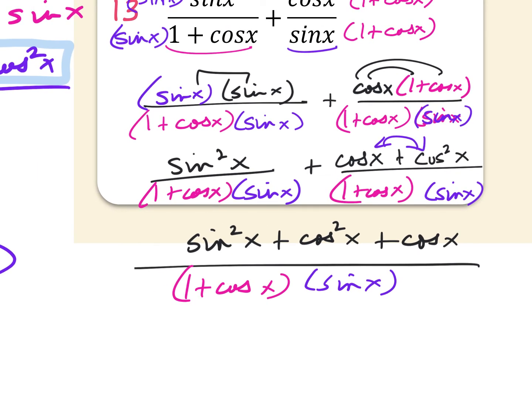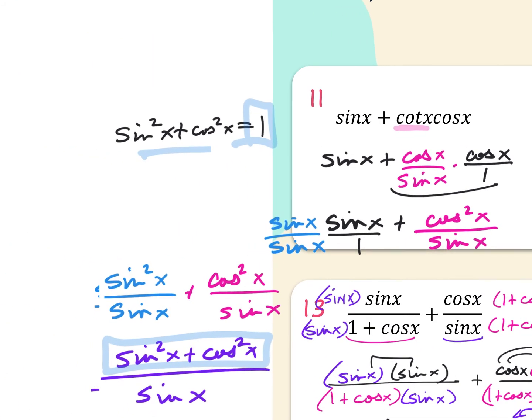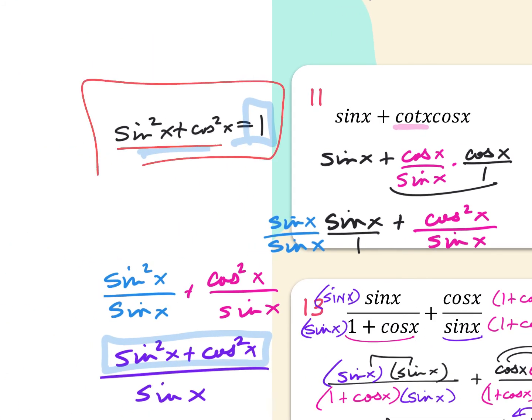And the reason why I switched it was so that these two guys were side by side. Because again, remember, this is a Pythagorean identity, and I can replace that with a 1. Because if you remember up here at the top, I think right here, I'm substituting this for what it equals, which is 1.